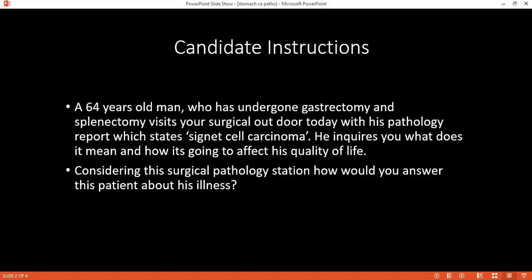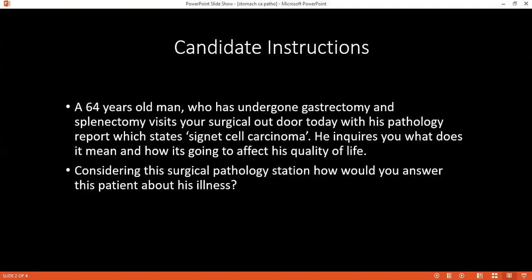In the supraclavicular fossa, there is one lymph node. What is it called? Virchow's node, ma'am. Yes, Virchow's node. Okay, and there are other signs. Succussion splash, Troisier's sign, and Krukenberg tumor.